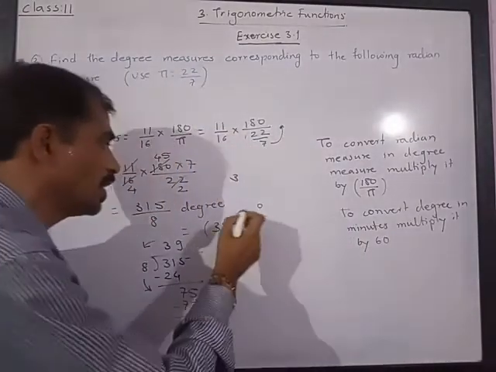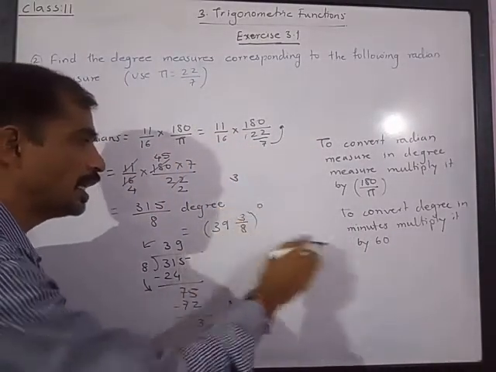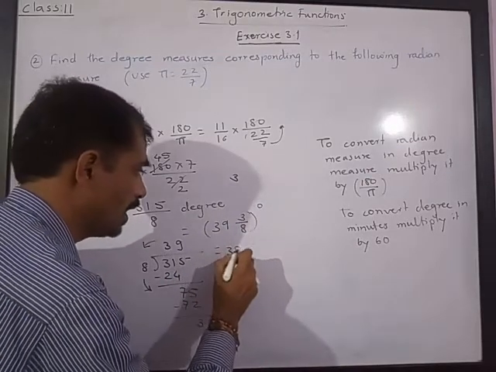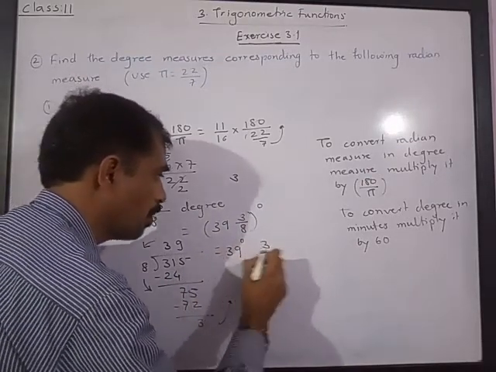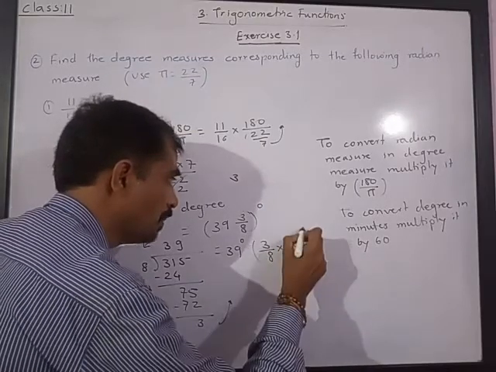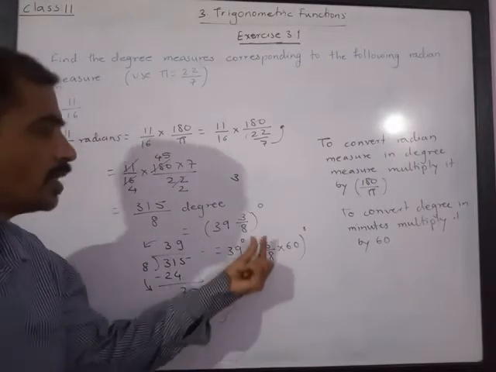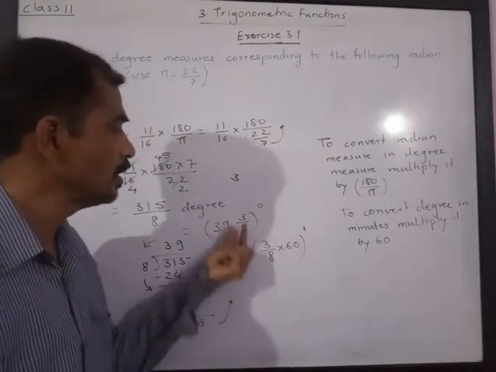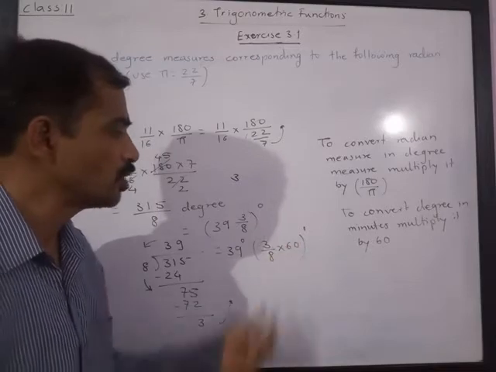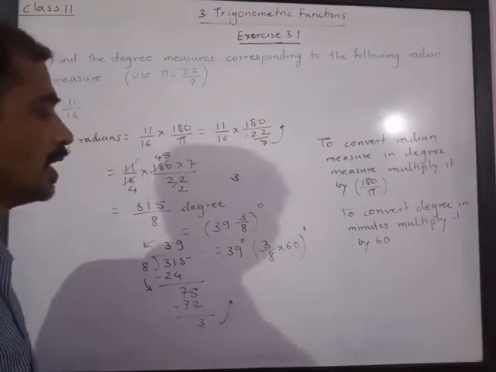So to convert degrees into minutes, multiply it by 60. So 3 upon 8 degrees becomes 39 degrees and 3 upon 8 multiplied by 60 minutes. So to convert it into minutes, we multiply by 60. This 39 degrees remains as it is.